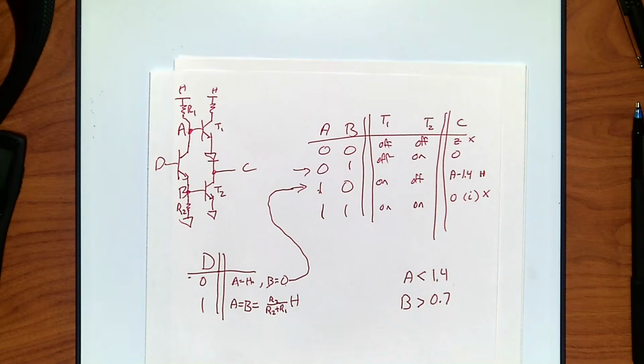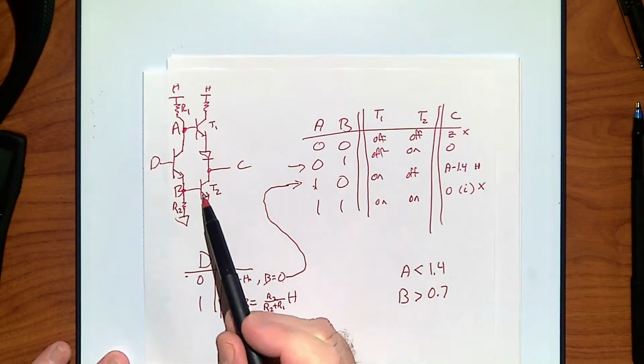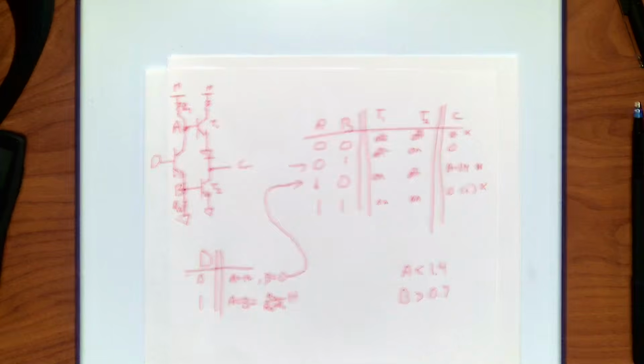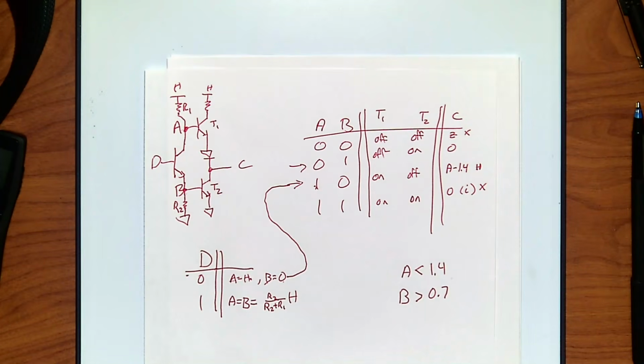Now here's an added bit of fun. Once I consider this, if B is above 0.7, what happens? So that voltage divider gives me an initial value above 0.7. That transistor is going to turn on, right? So what's B going to get clamped to now? 0.7 volts.